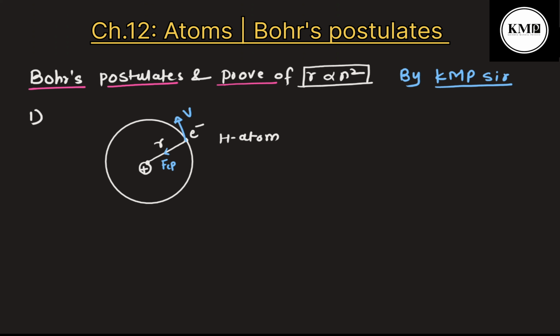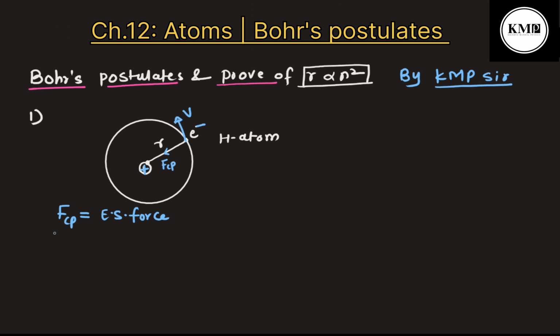Is this clear? So according to the first postulate, the electron will revolve only in those orbits whose centripetal force is balanced by the electrostatic force of attraction between the electron and the positive nucleus.